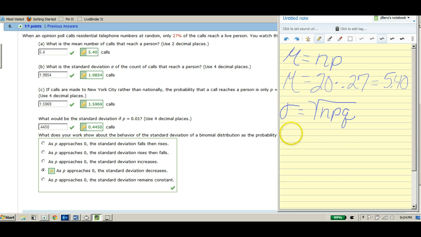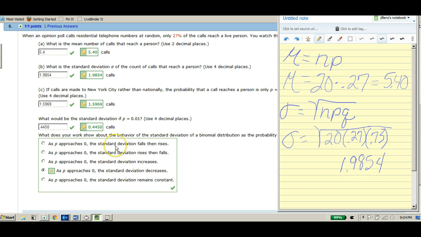So in this particular problem, the standard deviation would be the square root of 20 times 0.27 times 0.73, which is equal to 1.9854 to the nearest 4 decimal places.